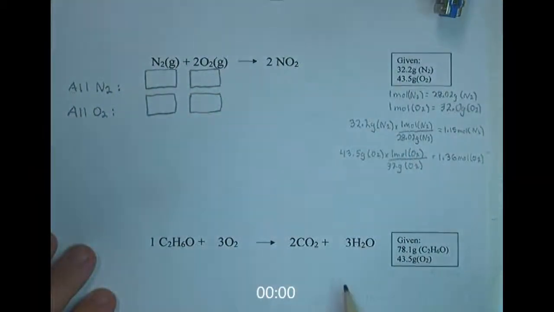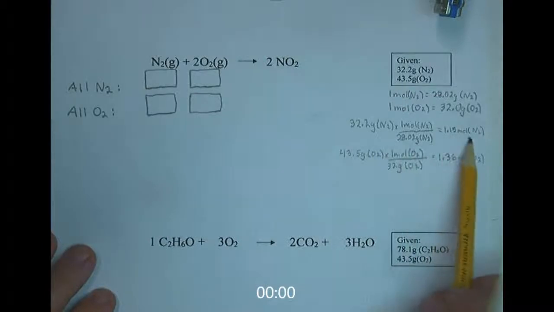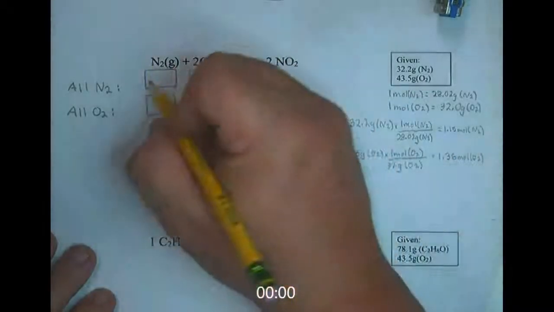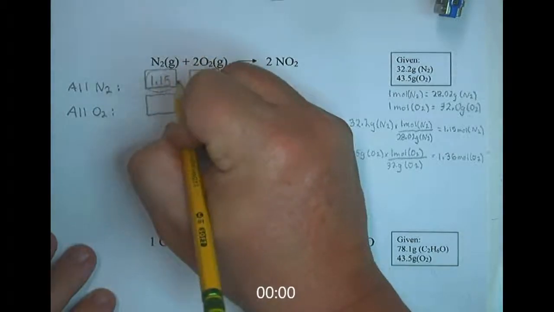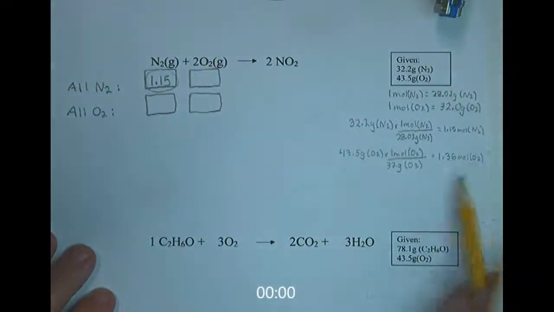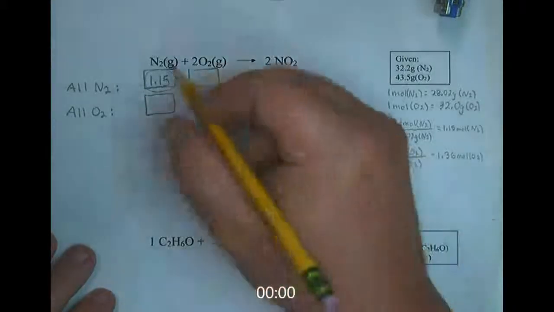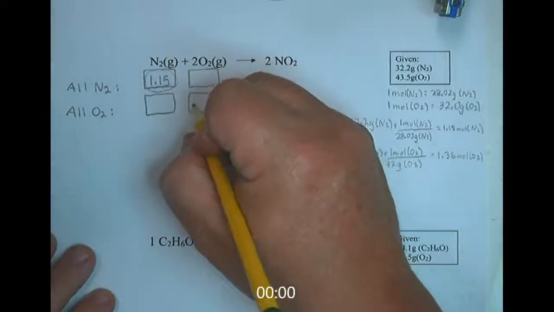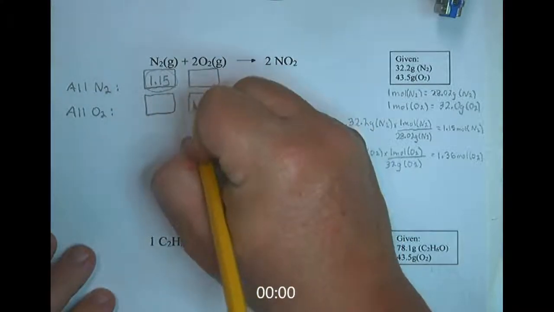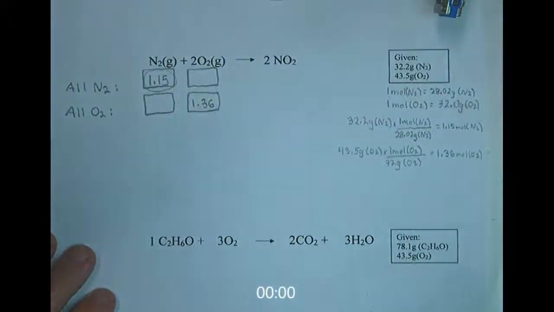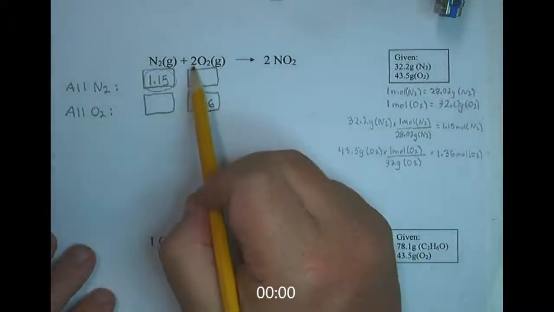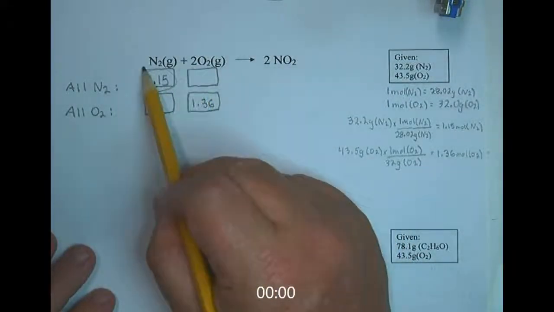So let's go ahead and put in the numbers. We have 1.15 moles of nitrogen, so we're going to assume that we use that all up here. We're going to circle that because we know we're given that much. We have 1.36 moles of oxygen. We're going to put that in the oxygen column here under the all O2. And now we just do our little calculation. It's a 2-to-1 ratio of oxygen to nitrogen.